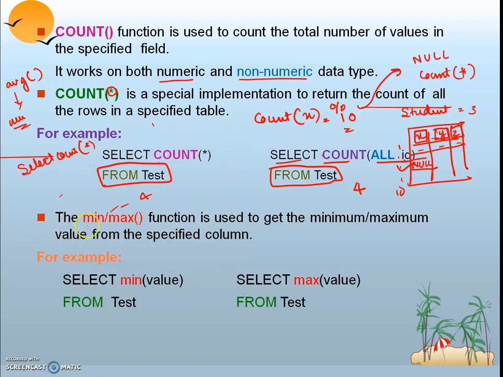Okay, next one is the min max function. So the syntax again remains the same for all the aggregate functions. You just follow and apply the condition on the same example. So what is it saying? The min max function is going to give the minimum as well as the maximum value for the specified column. So how is it going to work? Again, select min of value from test.